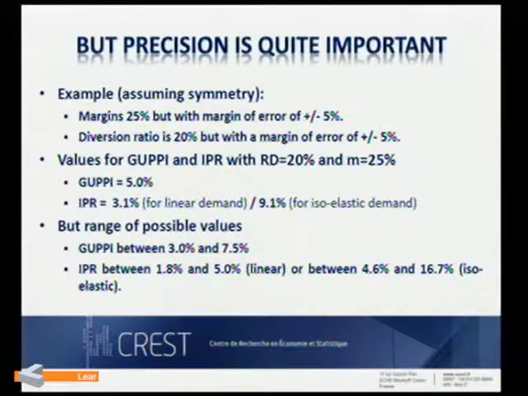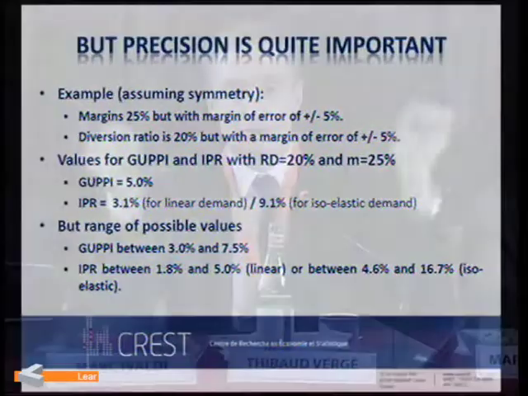In the end, precision is still quite important, especially if you want to use that in IPR simulation. I'm not going to go through all this formula here, but for what would be relatively small margins of error in the measurement of margins and/or diversion ratios. Remember in the example I had before, for one case you could have true diversion ratios for the same predicted value going from close to 0 to about 30%. I'm only talking here of errors on margins of about 5 points.